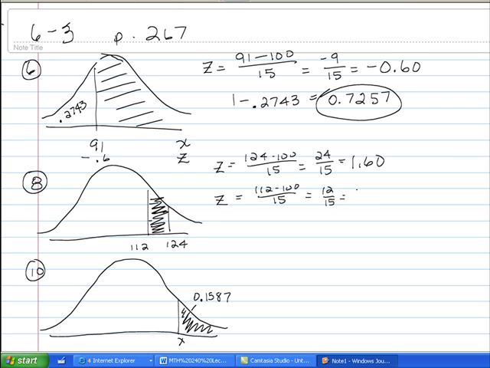Okay, so that means we need to look up the two z-scores and get the area for each one because we'll have to subtract them. So starting with the positive 1.60, 1.6 is 0.9452. And then for the 112, we get a 0.80, 0.7881.